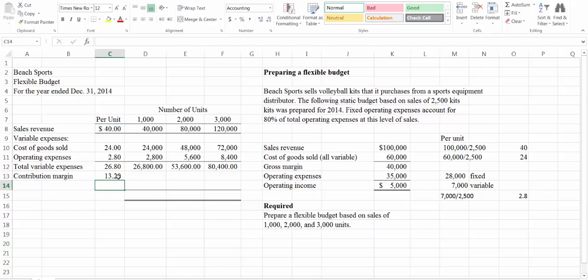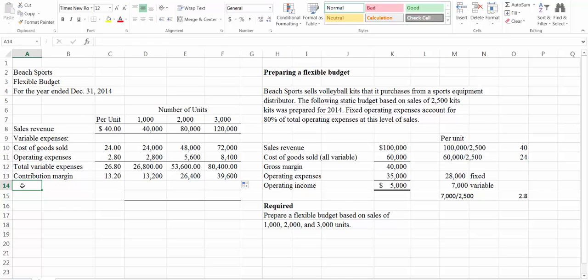So contribution margin is 13.20. Okay, here our contribution margin will be the 40,000 minus the 26.8, or 13.2. And I'm just going to drag that across. So for each of these, we're taking our sales minus our variable expenses, and that gives us contribution margin.